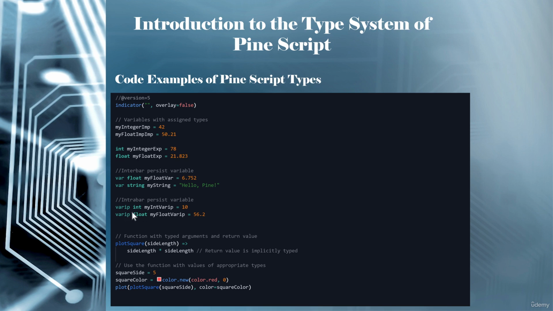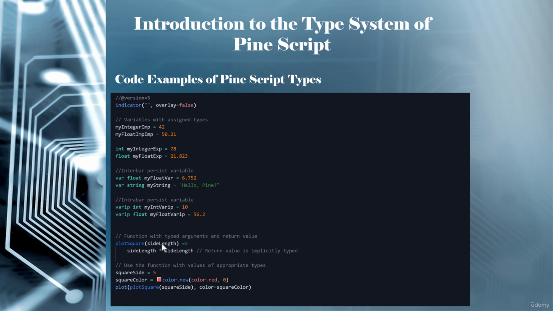So we declare a varip integer variable, and we assign a corresponding integer value to this variable. Similarly, a varip float variable, we assign a float value to the varip float variable.